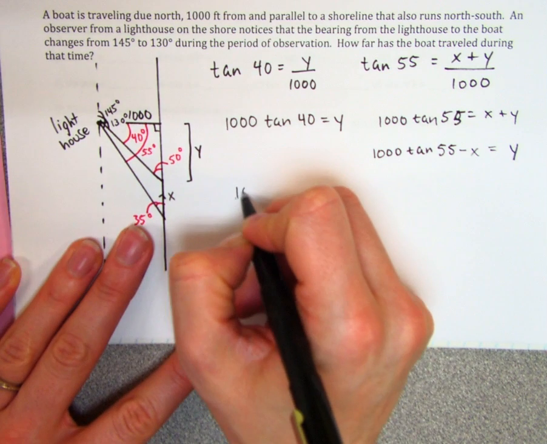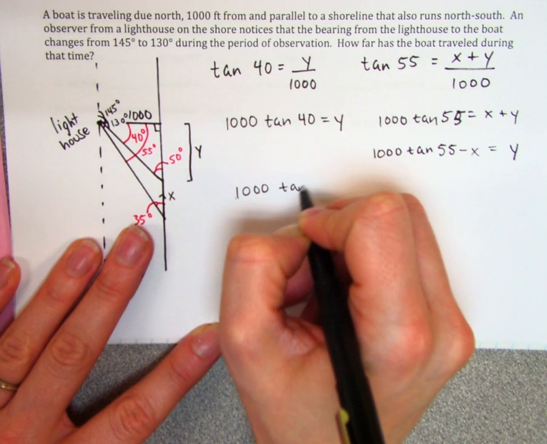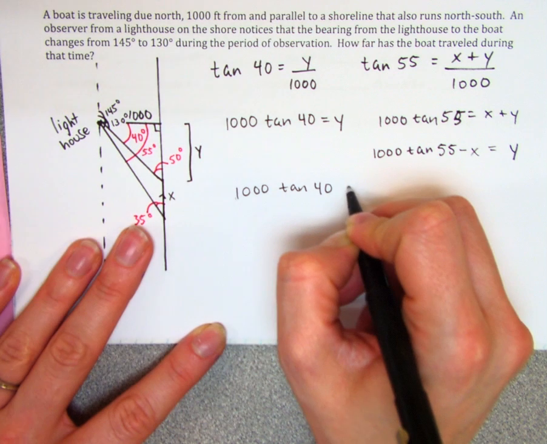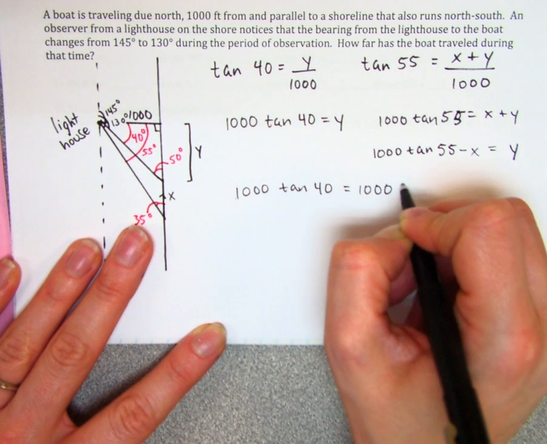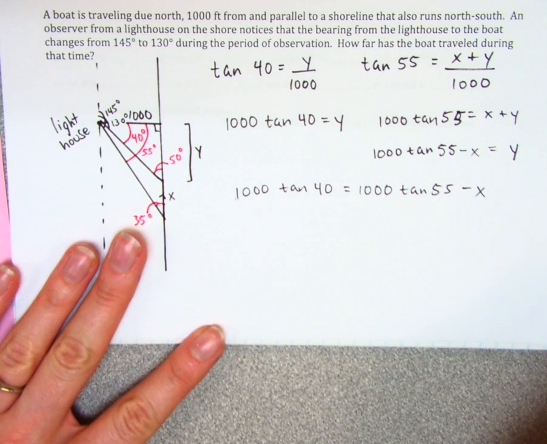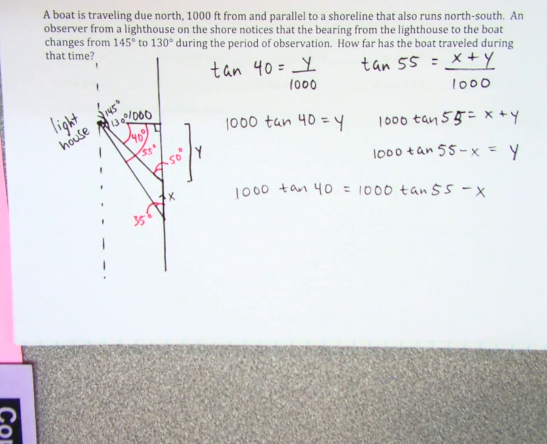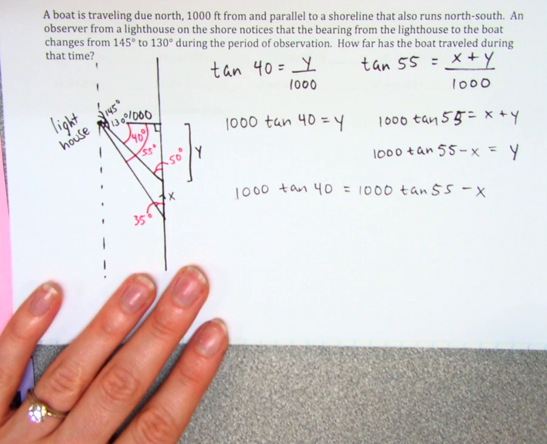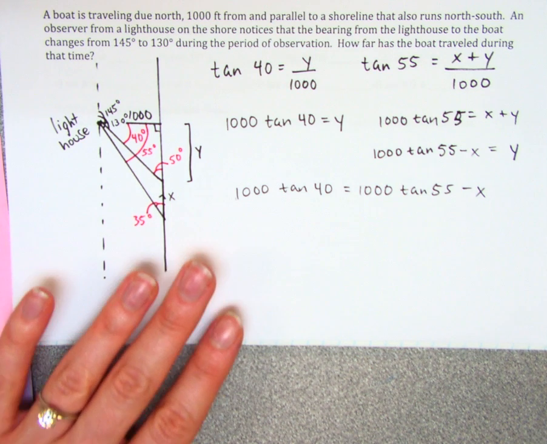So we have then 1,000 tangent of 40 equals 1,000 tangent of 55 minus x. And how nicely our x has ended up as the only variable in this equation.